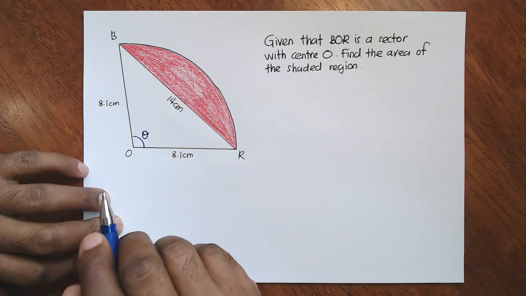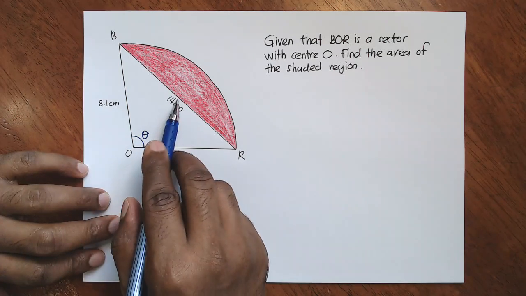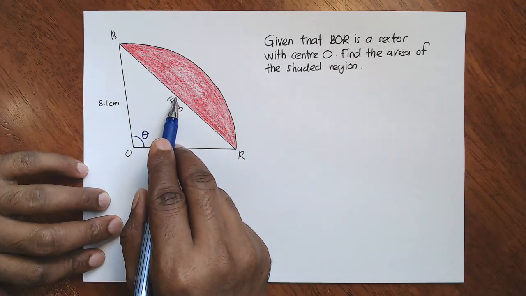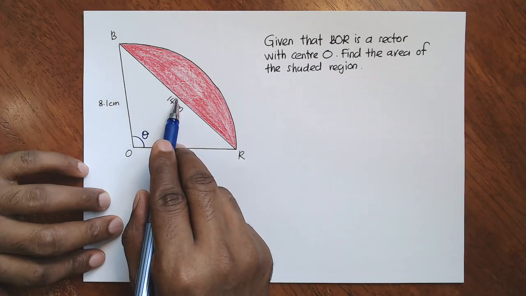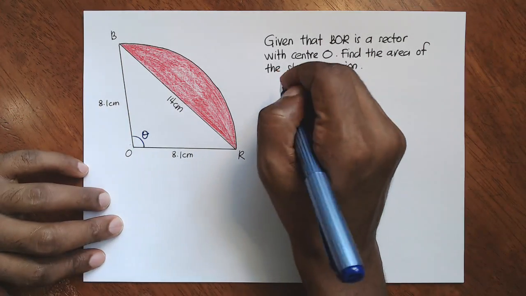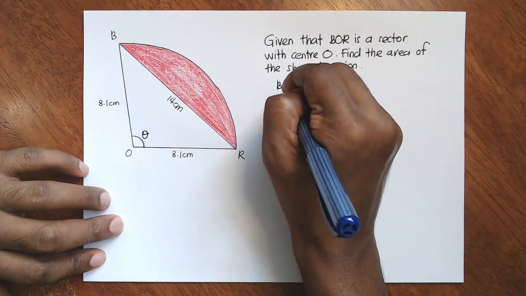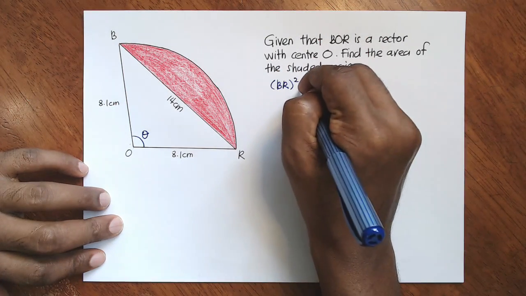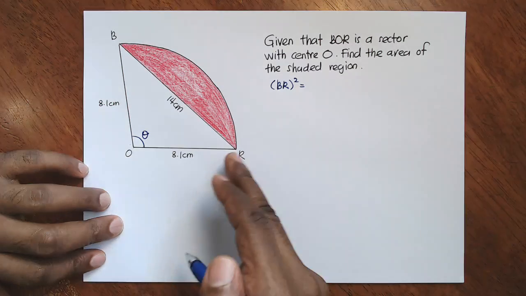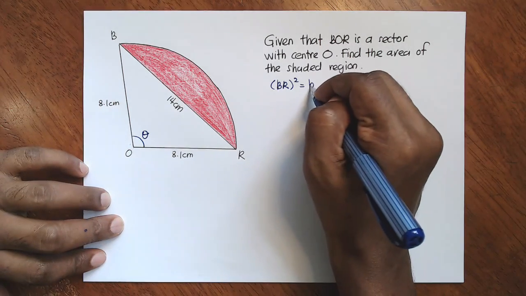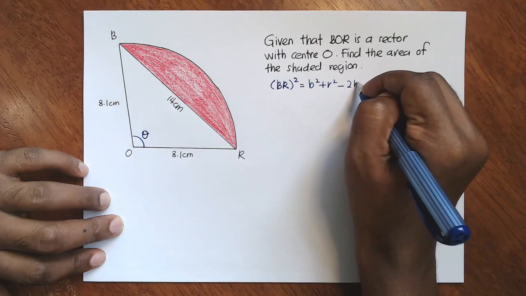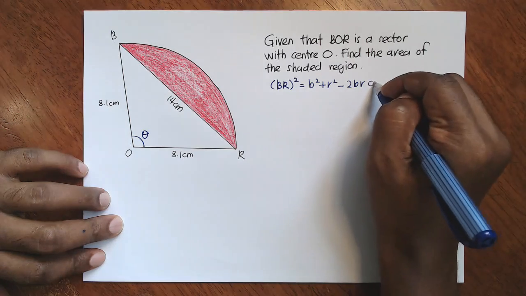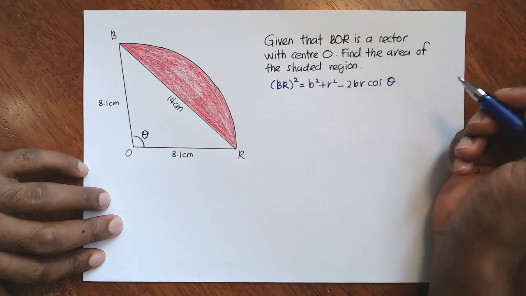So this will be O, but as in the earlier videos I told you, don't use the symbol O, so we call this BR. So BR squared equals B squared plus R squared minus 2BR cos theta.